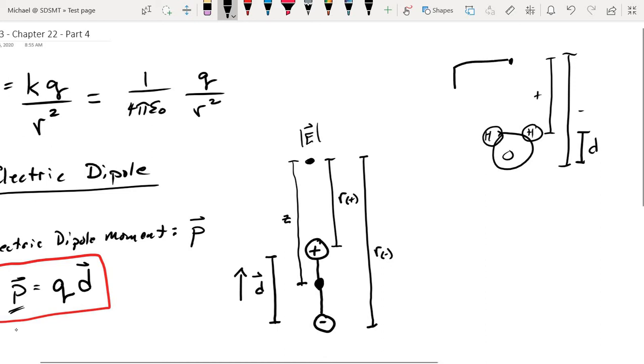And in comparison, the value of D compared to the separation distance Z to the point out in space where we're trying to measure things is probably much larger than D. And so it probably wouldn't make a whole lot of sense for us to try to measure things from one end of a very, very small molecule to another.